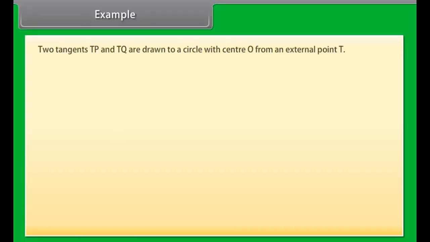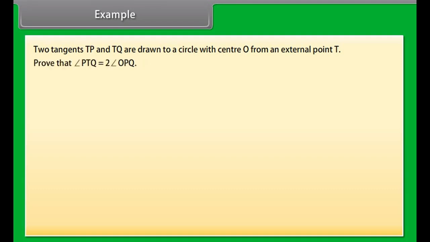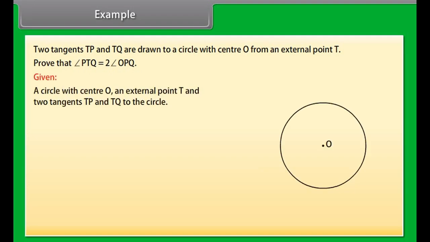Example. Two tangents TP and TQ are drawn to a circle with center O from an external point T. Prove that angle PTQ is equal to 2 angle OPQ. We are given a circle with center O, an external point T, and two tangents TP and TQ to the circle where P and Q are the points of contact.